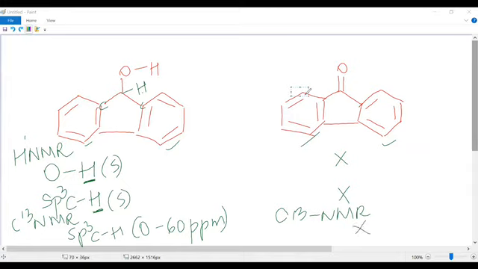That peak would be absent in your product's structure. However, a peak that would be present is the carbonyl peak, somewhere between 200 and 225 ppm for your product.